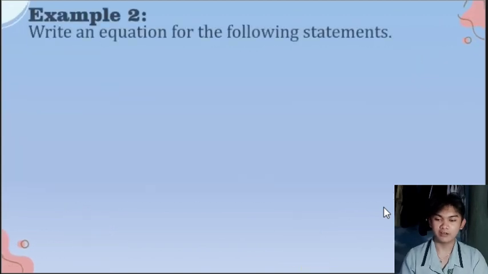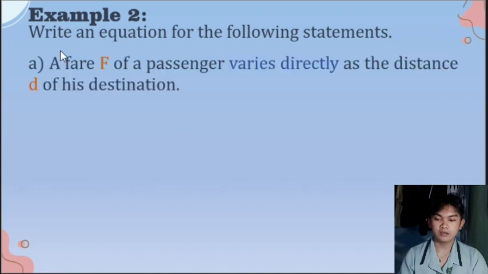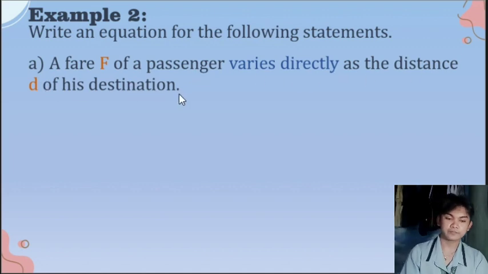Alright, so let's move on to example number 2. Write an equation for the following statements. So we have to express these statements as an equation of variation. A fare f of a passenger varies directly as the distance d of his destination.